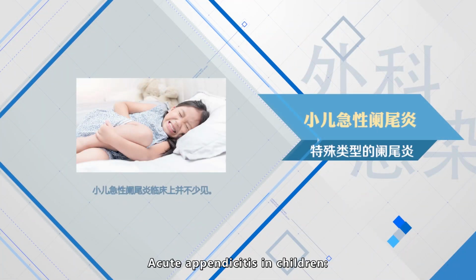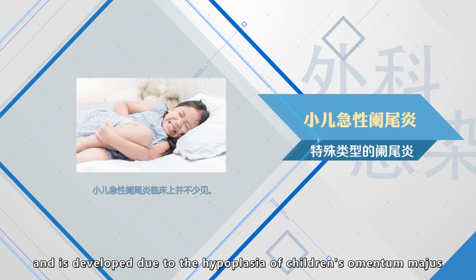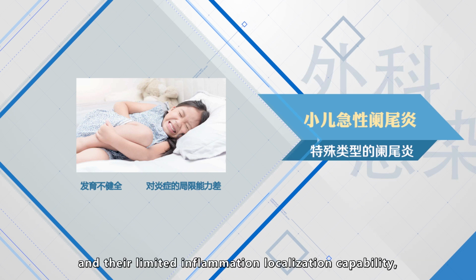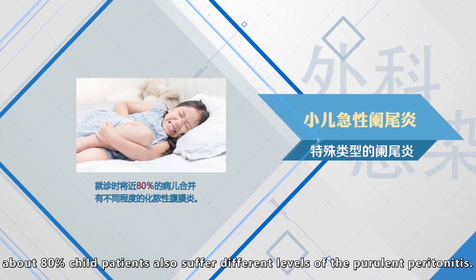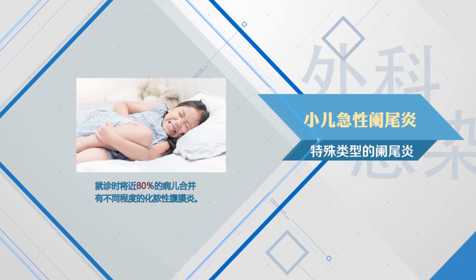Acute appendicitis in children. It is not rare in clinical cases, and is developed due to the hypoplasia of children's omentum majus and their limited inflammation localization capability, and during medical consultations, about 18% of child patients also suffer different levels of purulent peritonitis.